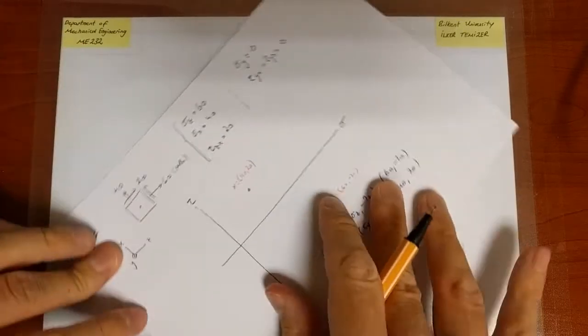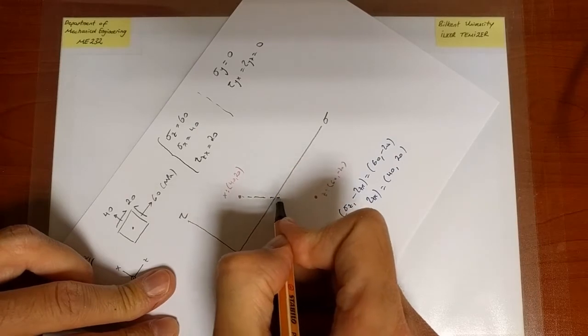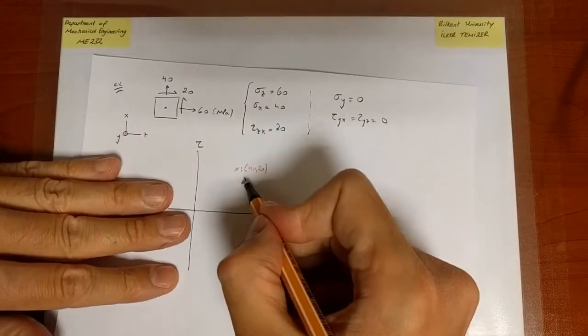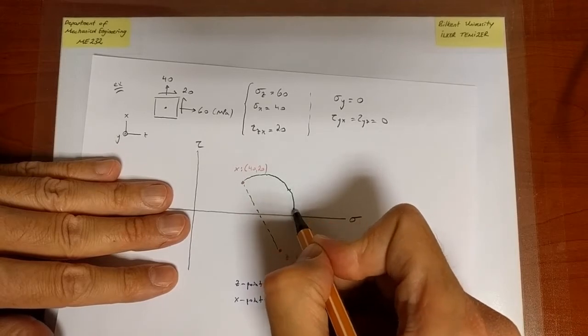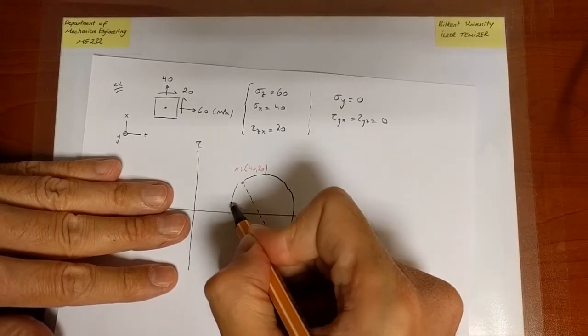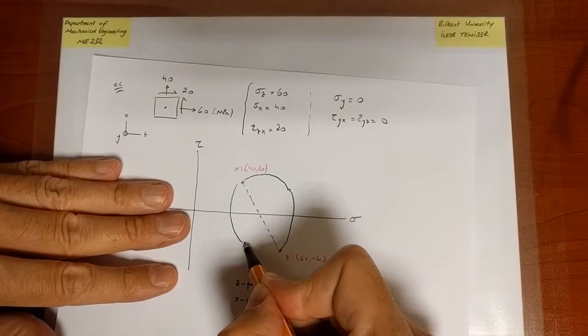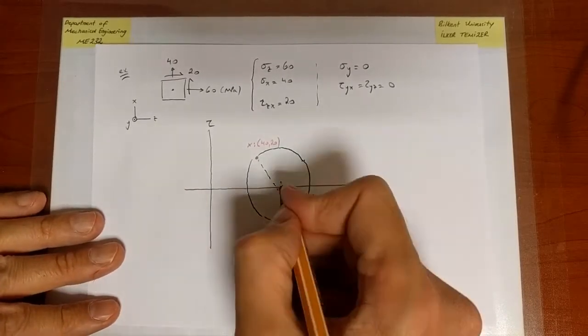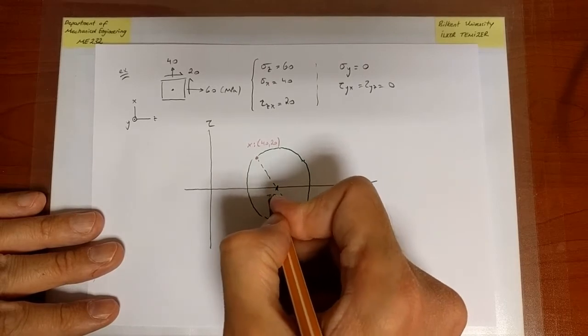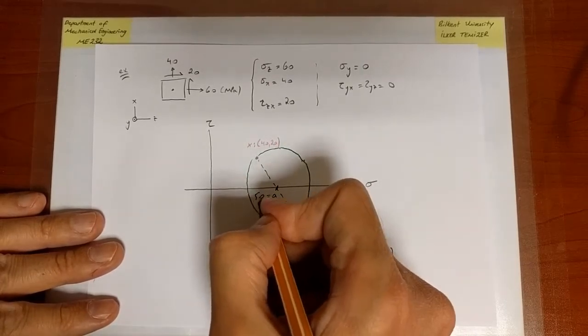Okay, so then I would like to draw the circle. And so this is going to be my diameter. And the circle is going to be not a very good circle, but it's more like a Mohr's ellipse, not a circle, but never mind. So this is A, which is the center again. This is 50.